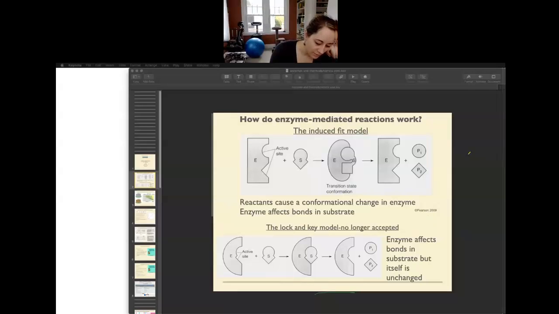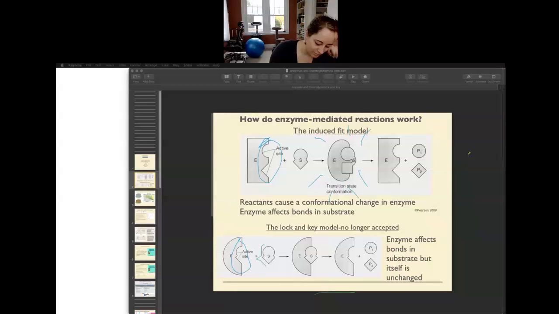So the induced fit model shows that the enzyme changes shape, and also, interestingly, the active sites or the binding sites of the enzyme are different in these two models. So we see that the active site in the lock and key model fits the substrate exactly, right?